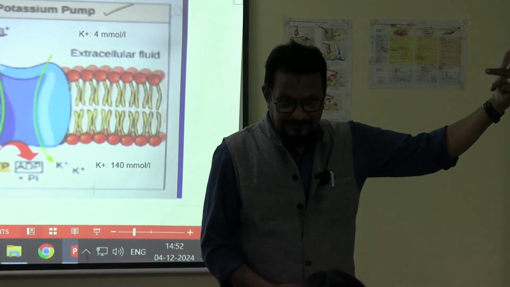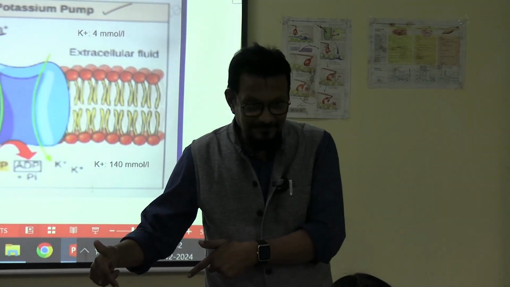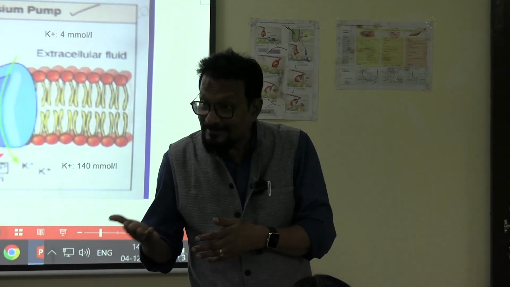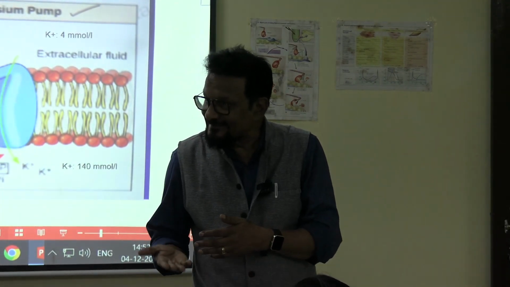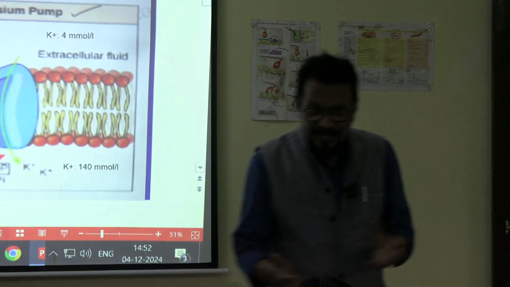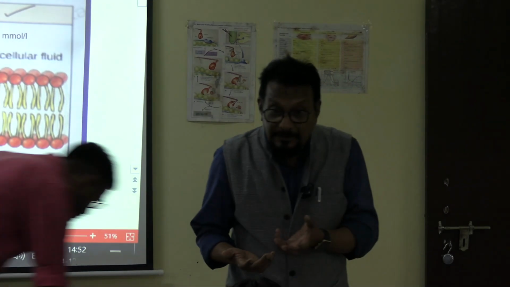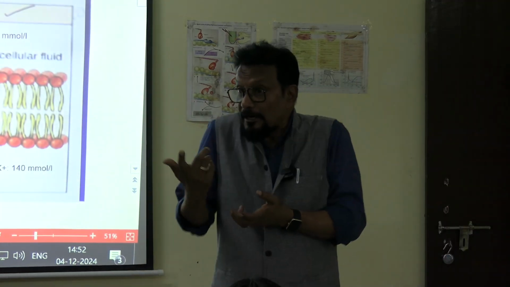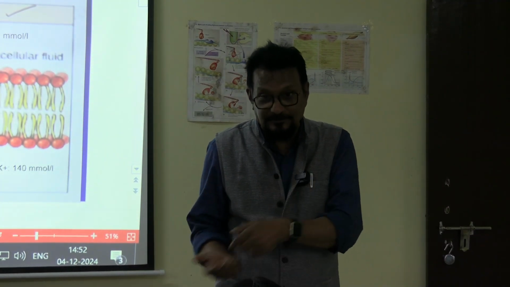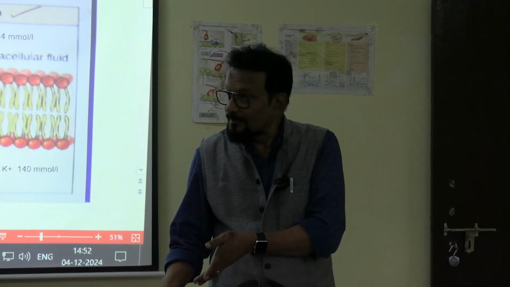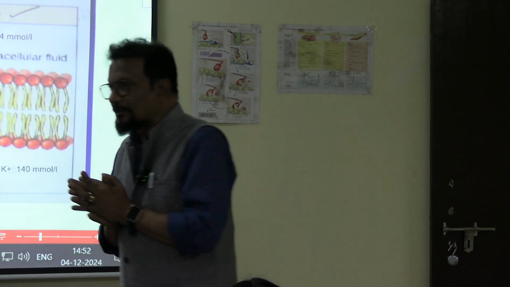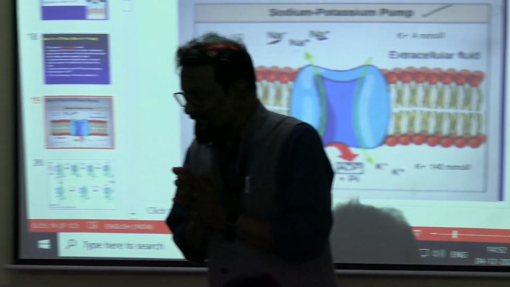Second turn, another positive charge, and inside is losing. So as a result, what negativity will be created inside? 3 sodium are going out, out of this only 2 are coming in. So because of the absence of that positive charge, it will be negative. Gradually, if it goes on, inside will become negative.